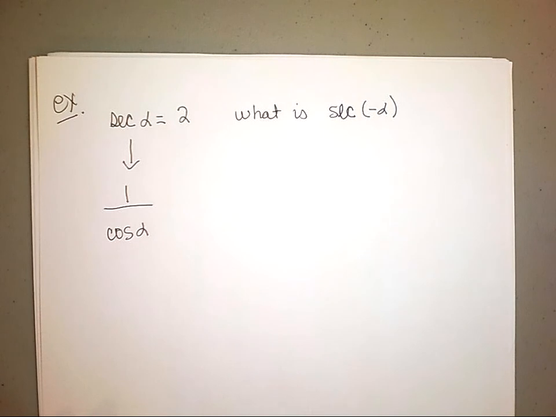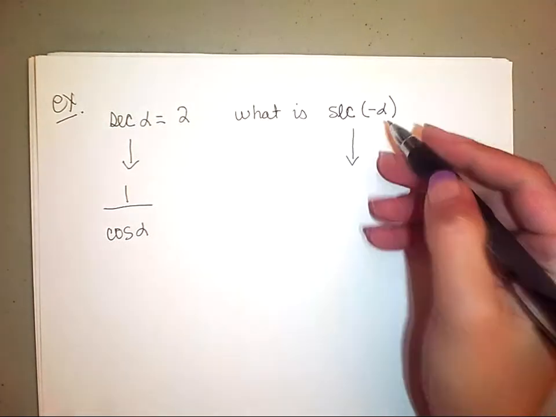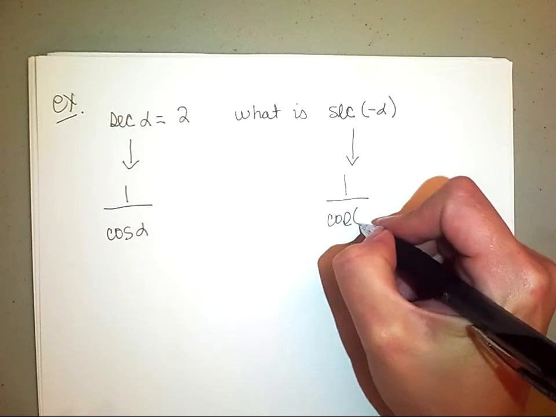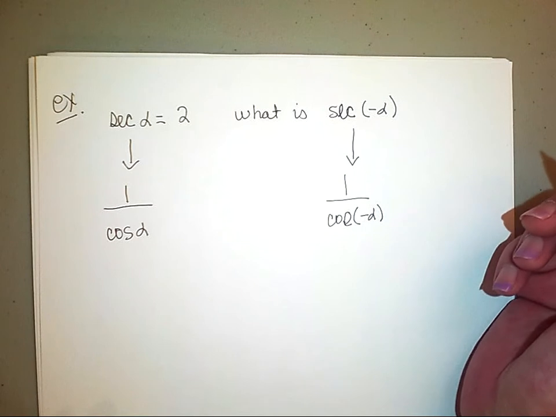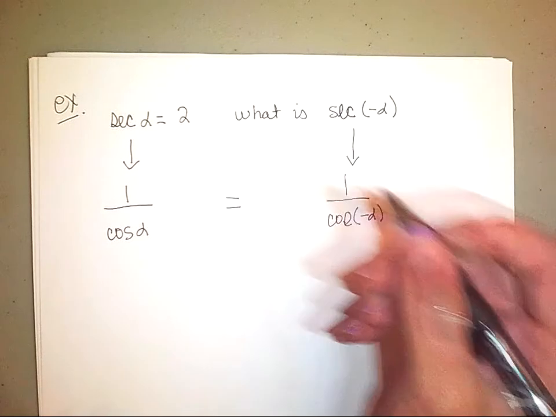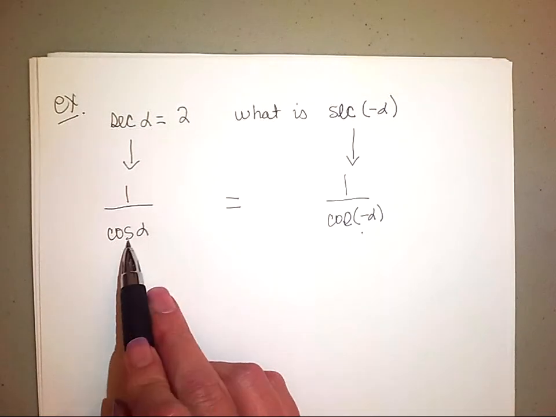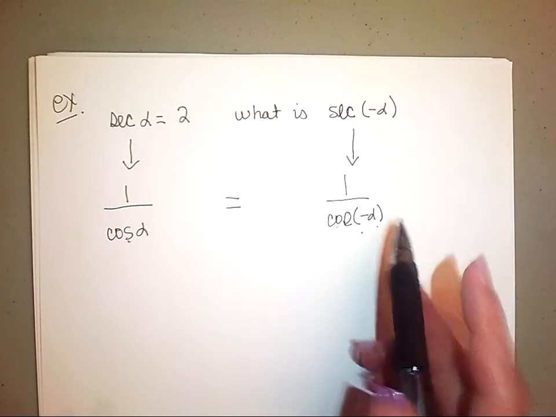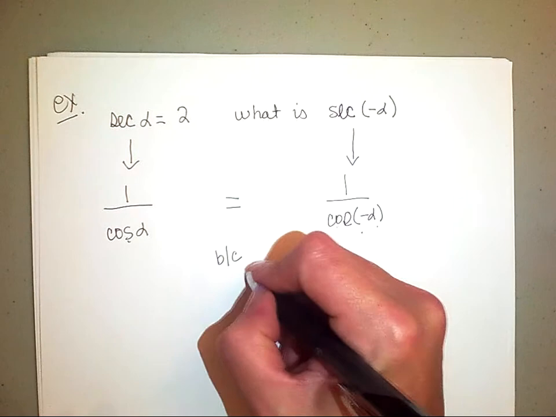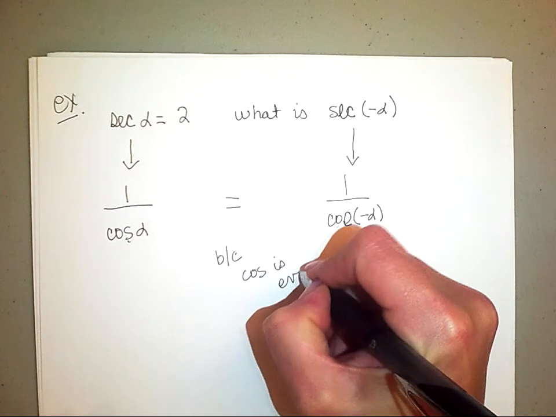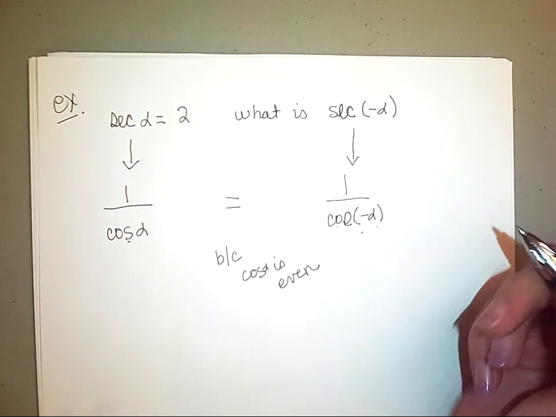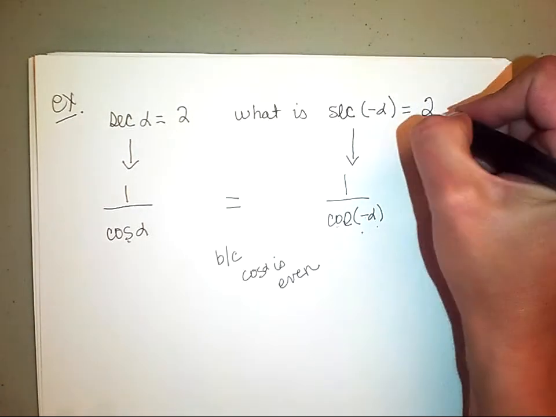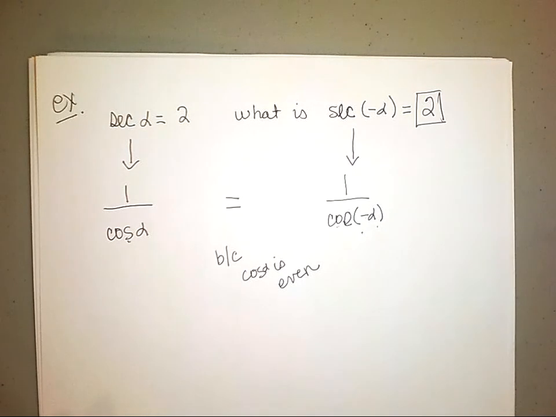And that the secant of negative alpha would have to be 1 over the cosine of negative alpha. But it turns out these two are equal because the cosine of alpha is equal to the cosine of negative alpha, because cosine is even. So that would mean there's equality, so the secant of negative alpha is also 2.